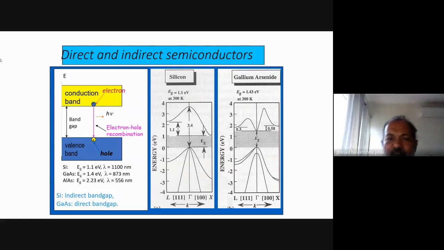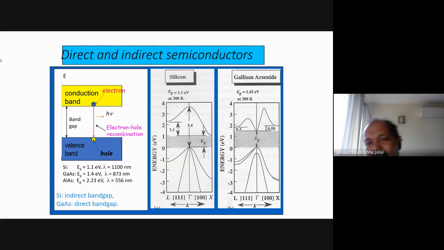Whereas in the case of silicon-like, indirect band gap material, the momentum conservation is tricky because the photons cannot take that much momentum. So there will be a violation. It cannot be a two particle interaction.